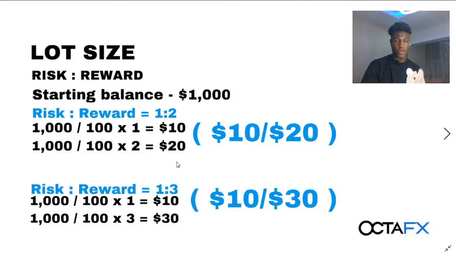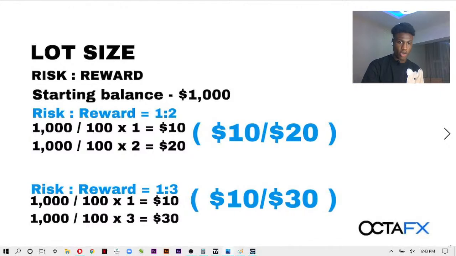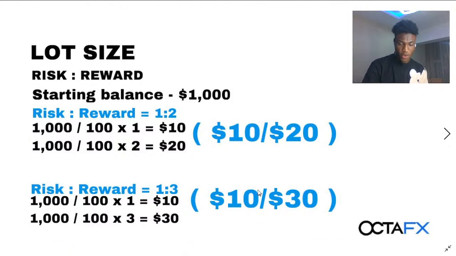Now remember, you've gotten the risk and reward, and you know how to put your stop loss level. What lot size should you use? There are three types of lot size: the standard, the mini, and the micro. Now, you cannot use the standard because standard is valued at $10 per pip.